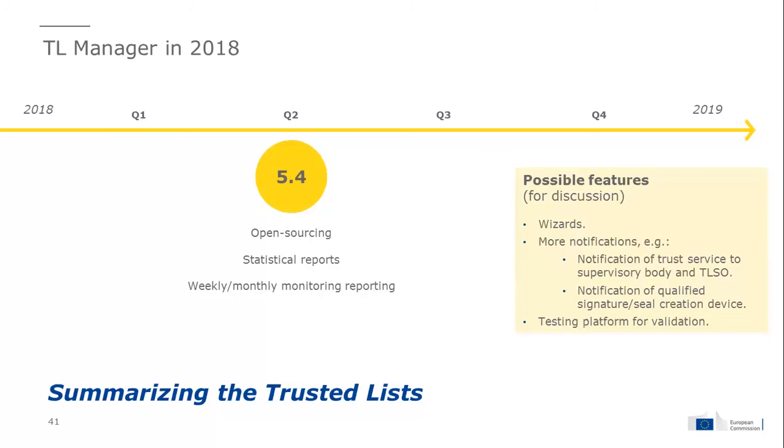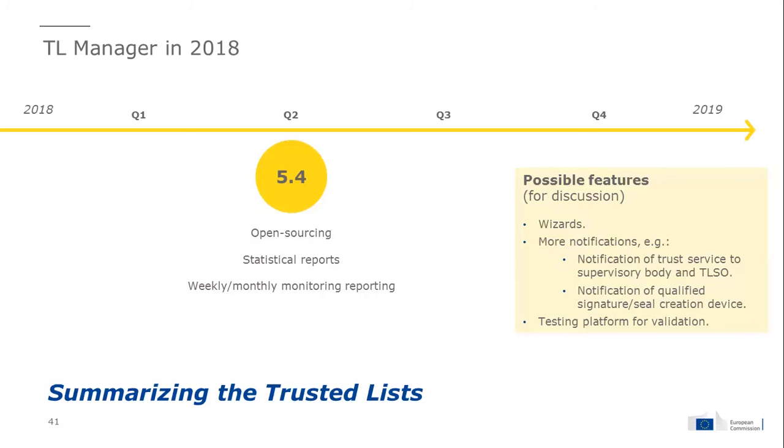Functionality to make it possible for us to generate statistical reports on, as I said, one trusted list, all trusted lists, a subset of trusted lists, for example, on how many trust service providers there are in one country, how many of them provide which services, also to be able to generate statistics on how this develops over time.